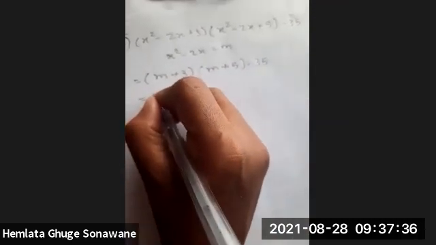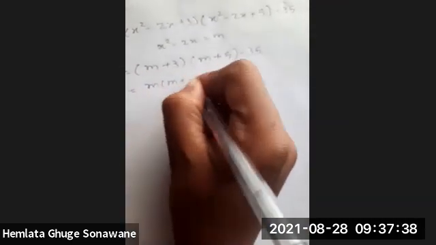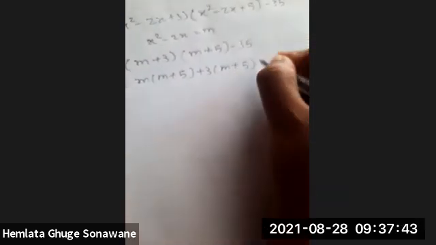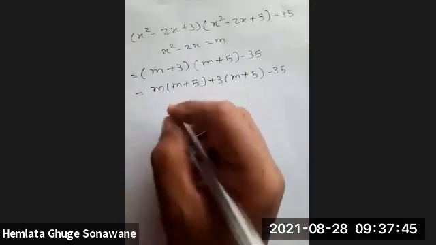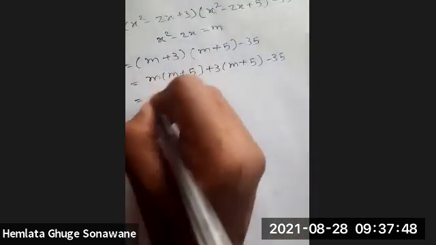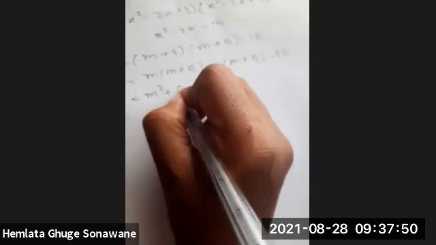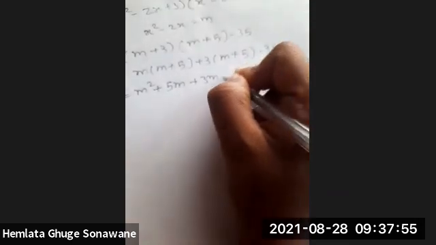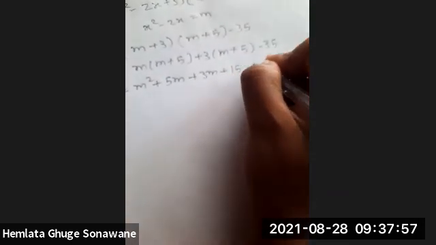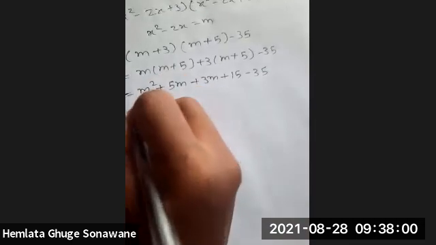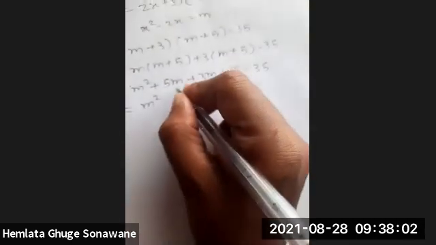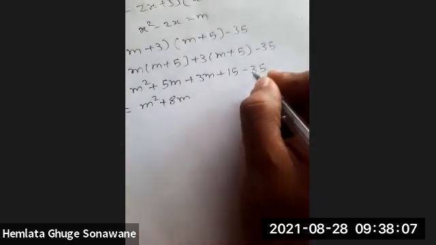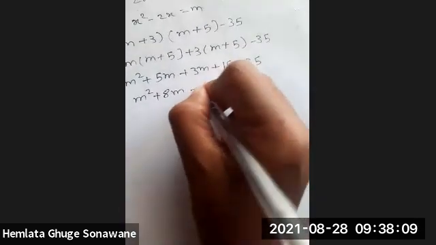So m into m plus 5 plus 3 into m plus 5 minus 35 is m square plus 5m plus 3m plus 15 minus 35. m square, 5m plus 3m becomes 8m, 15 minus 35 becomes minus 20.